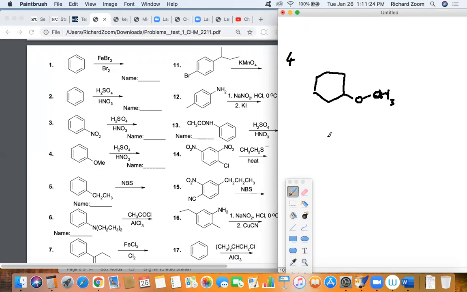So whenever I put OCH3, it just changes it to OMe. All right, activating or deactivating? Activating. Yeah, that's activating. You'll notice there's no double bonds or anything to it. We've got an uncharged electronegative atom, so we know it's pushing electrons into the ring.